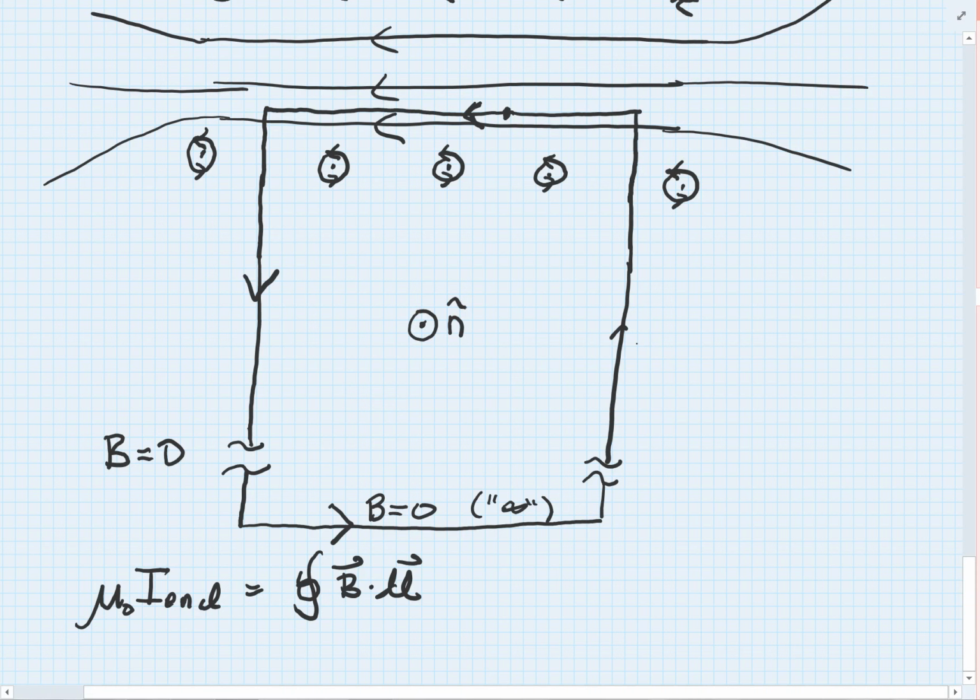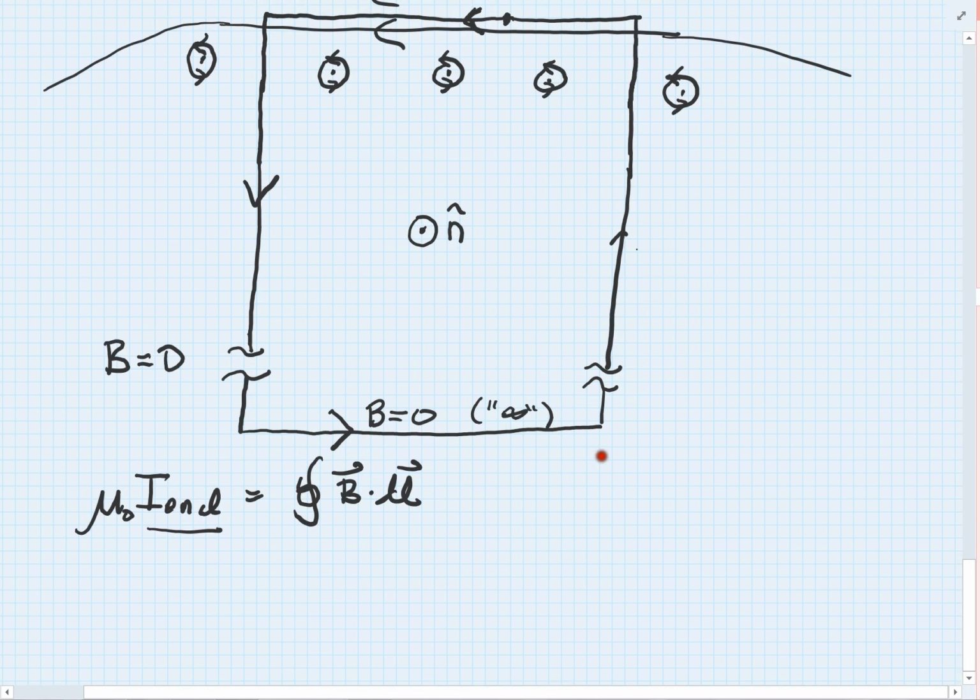That means when I calculate the enclosed current across this entire surface, what I'm trying to account for is positive currents in the same direction as n and negative currents in the opposite direction from n. In this case, all of the currents that I see are upward, so I'm going to get a positive contribution. So now let's try to evaluate that. I'll have mu naught.